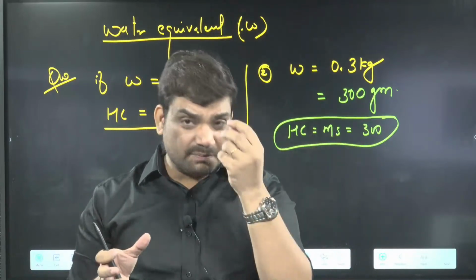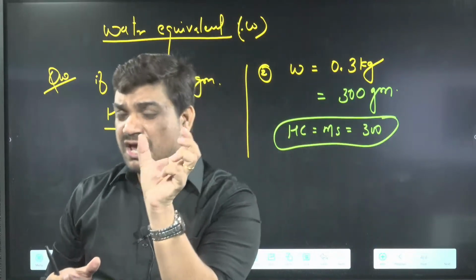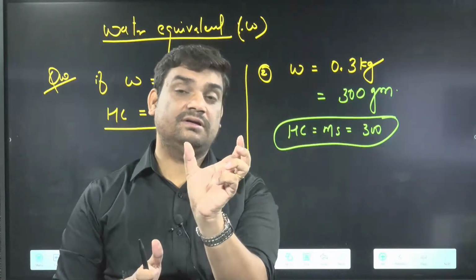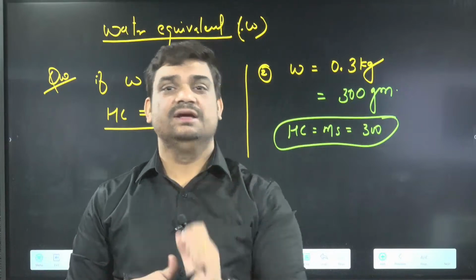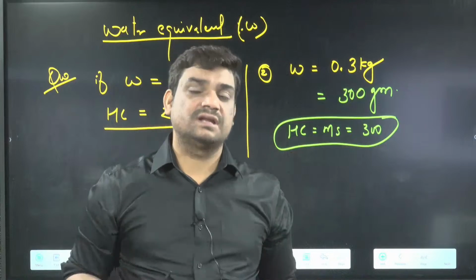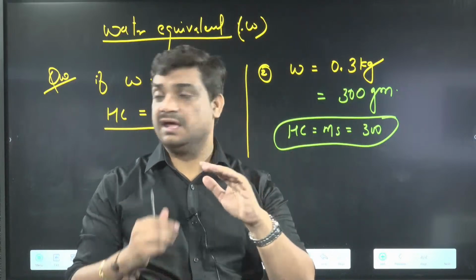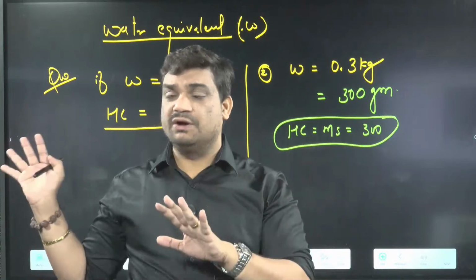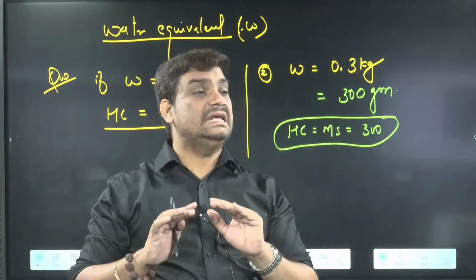So ultimately we need mass as well as specific heat, or heat capacity combined as ms, or the water equivalent. So if they have given the parameters of the container, you need to always consider the energy absorbed by the container. If they have not given the parameters, of course we will not take it, like till now we have never considered it.